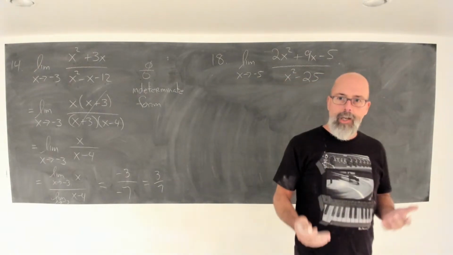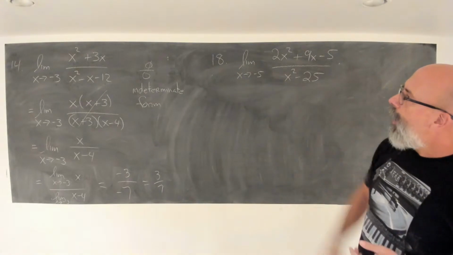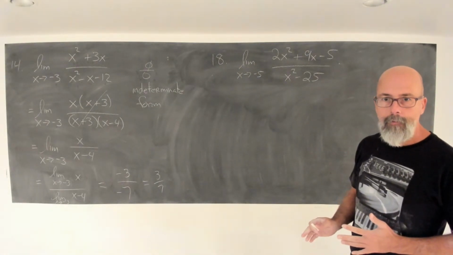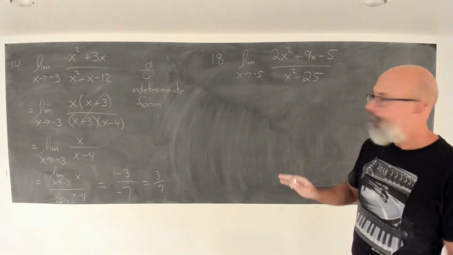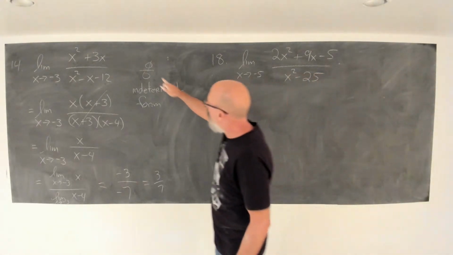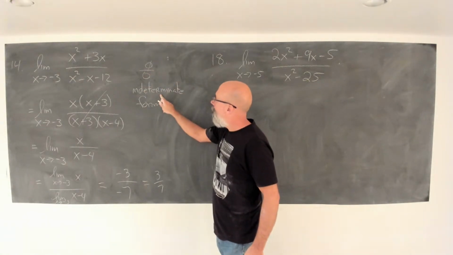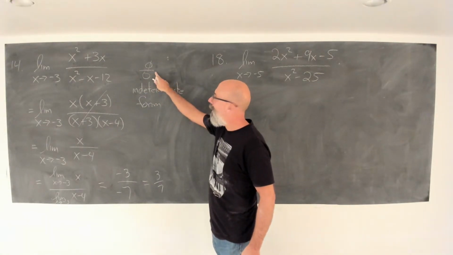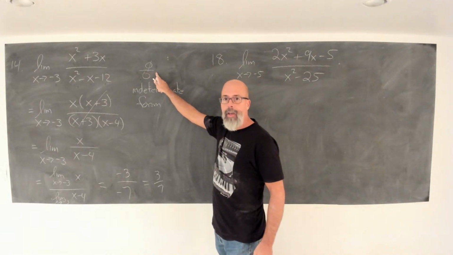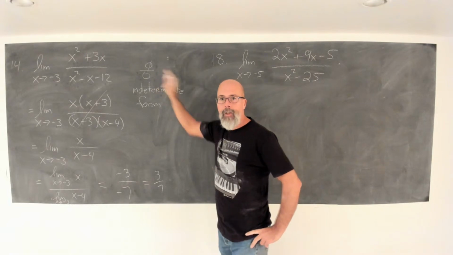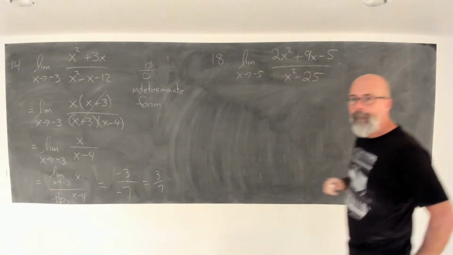When you have a 0 over 0, there's no cancellation. Anything can happen. You cannot cancel 0 over 0 here and get an answer. This is an indeterminate form. You cannot determine what the answer is just by knowing it has this form. Work has to be done.